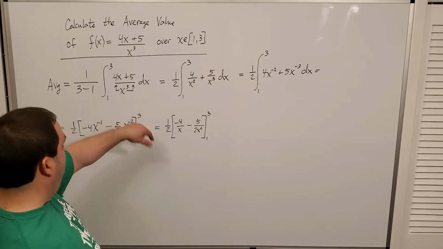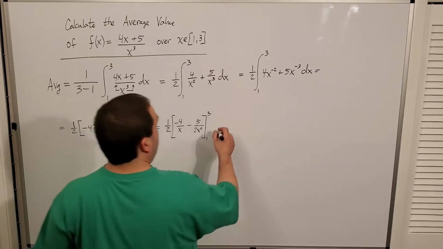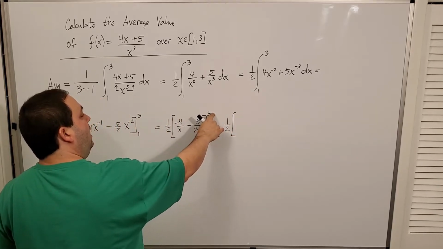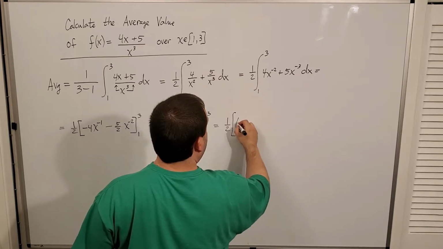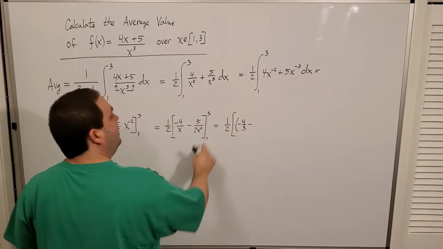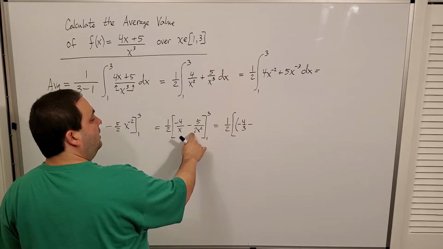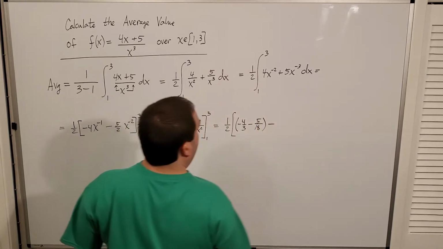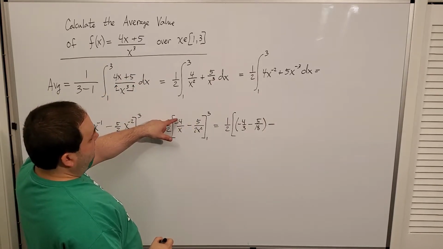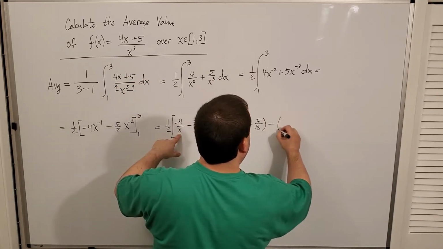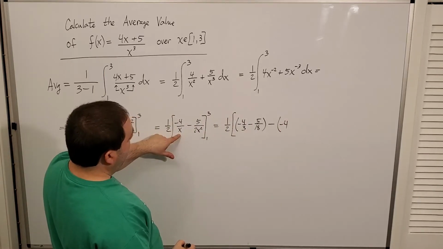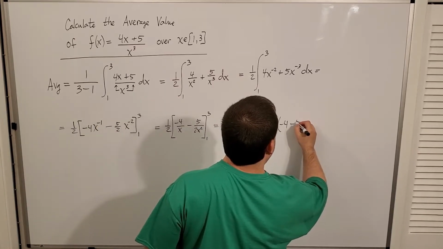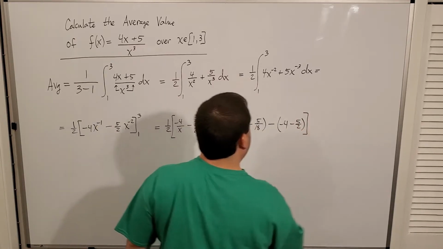Because I'm just putting my negative powers back where they're supposed to be. Equal to 1/2 times, now top minus bottom. I plug in the 3, I get negative 4/3 minus 3 squared is 9 times 2 is 18, so 5 over 18. Minus bottom, right? So that's negative 4 over 1, negative 4, minus 5 over 2 times 1, just minus 5 over 2. Like so.